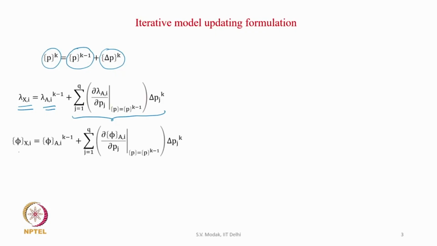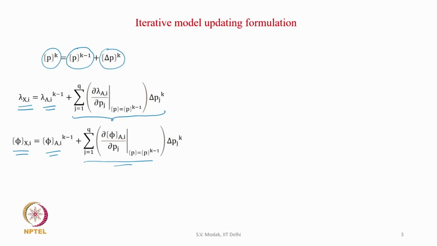Here the left hand side represents phi_xi, the ith experimental eigenvector, and that is written using the linear approximation as the sum of the ith analytical eigenvector, or FE model eigenvector, at the beginning of the kth iteration or at the end of the (k-1)th iteration, plus the change in the eigenvector as a result of change in the different updating parameters.